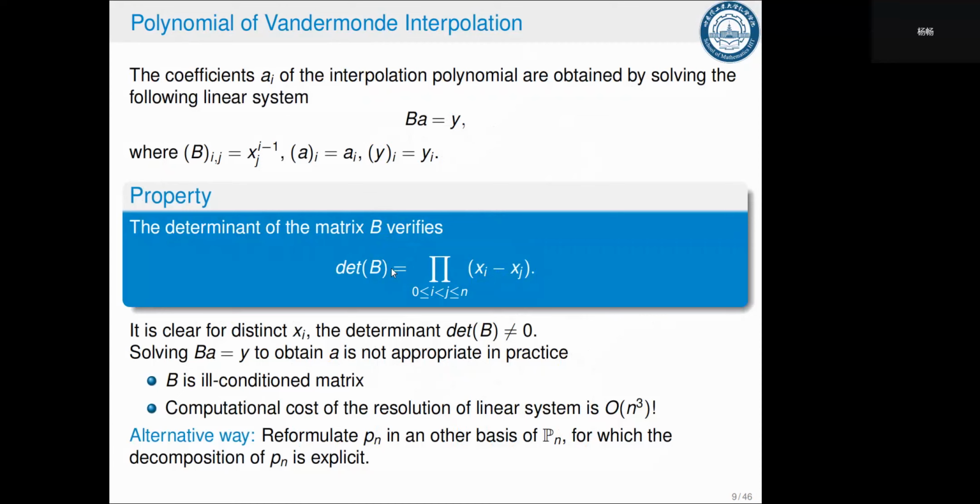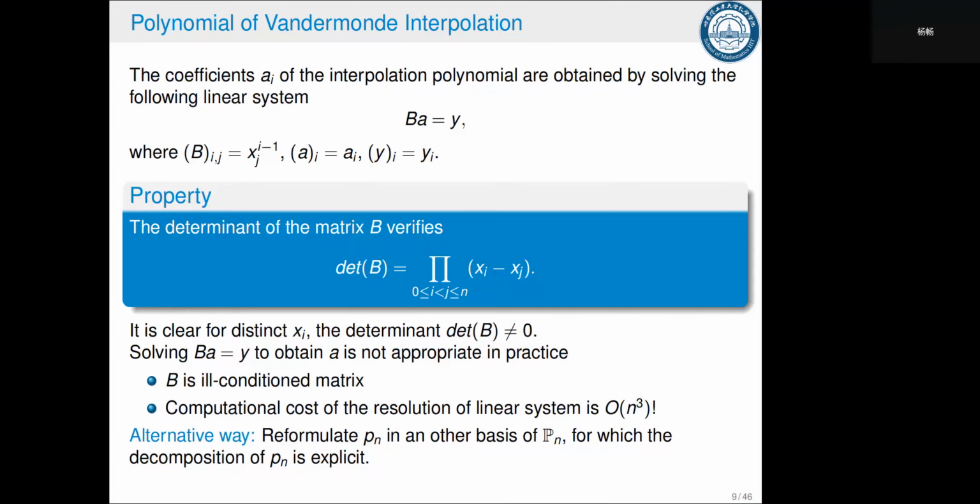From this property, you may imply that if xi is distinct from xj, so that means xi is different from xj, then we can deduce that the determinant of B is different from 0.